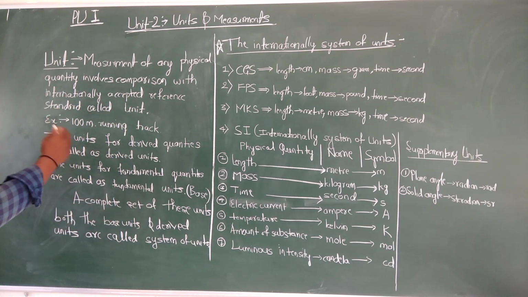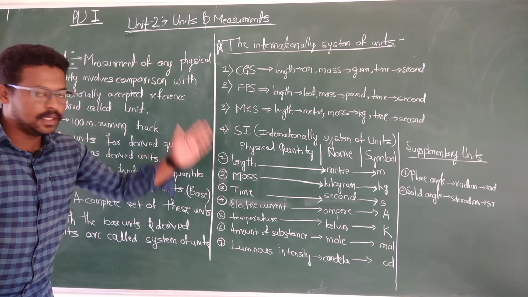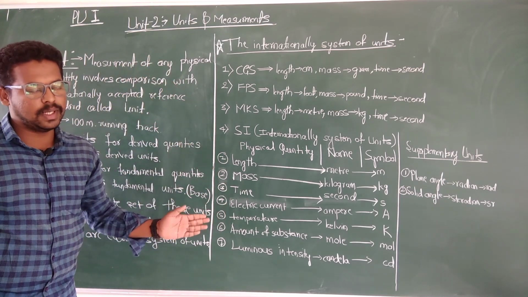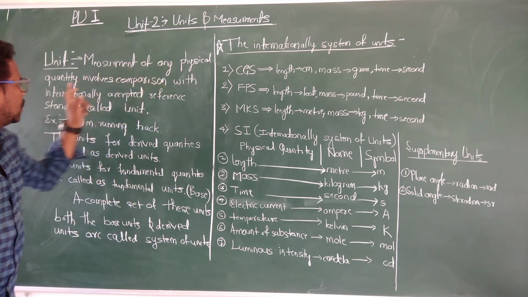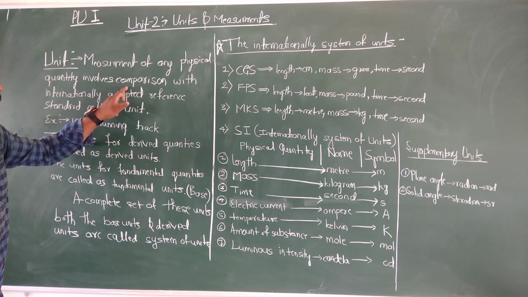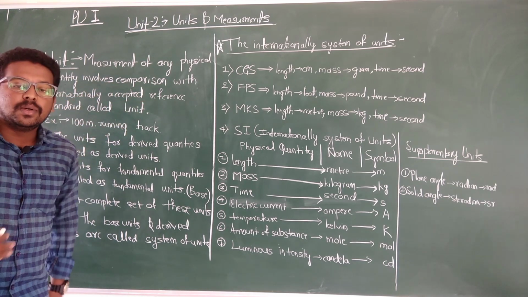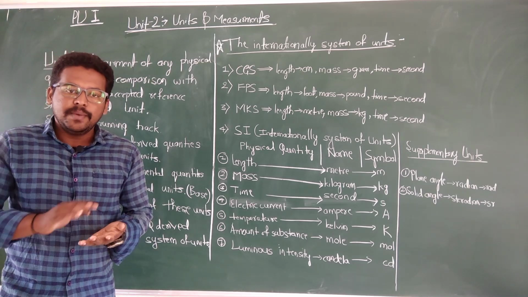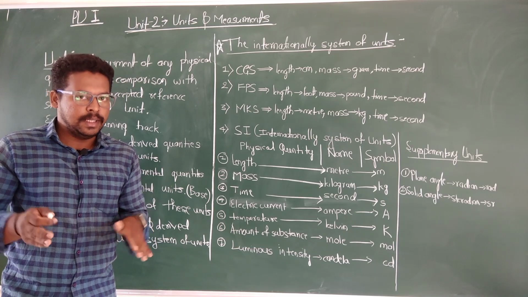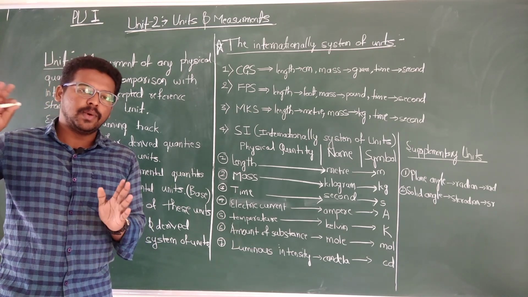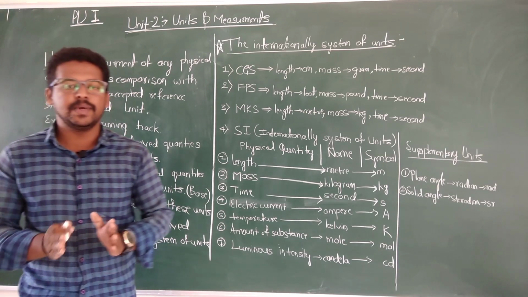So when we say 1 meter, it means comparison with an internationally accepted reference standard. 1 meter is the same everywhere. It cannot be different, or 1.2 meter in America. The 1 meter is constant everywhere.